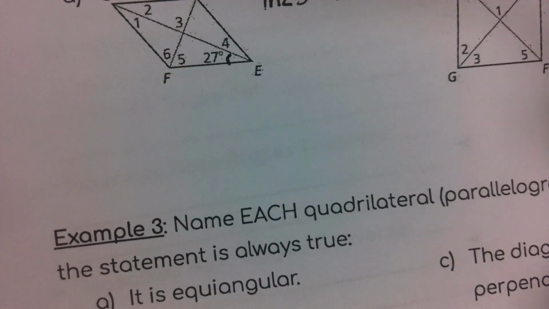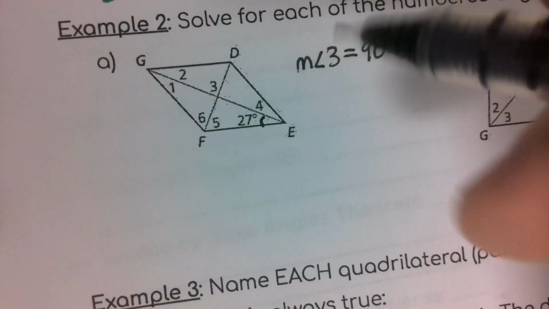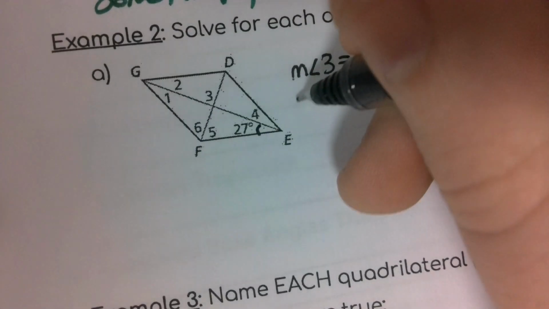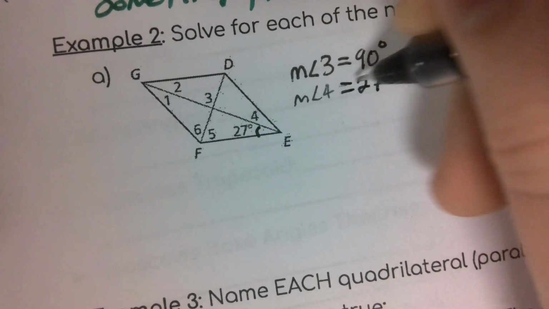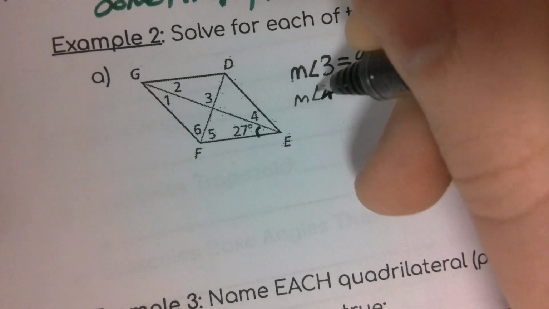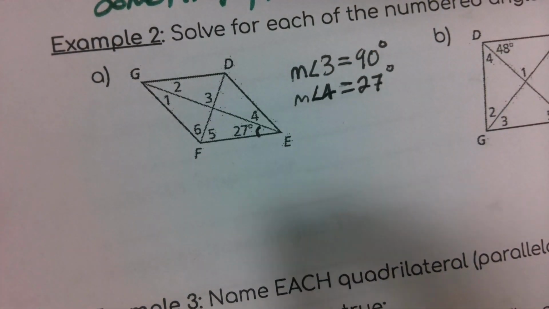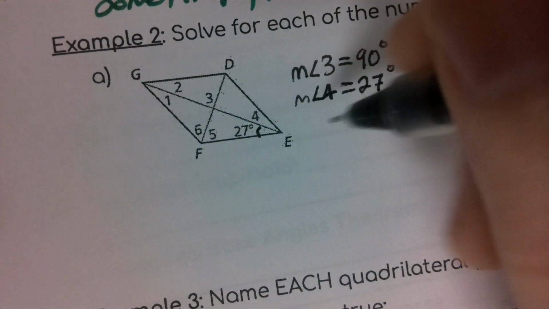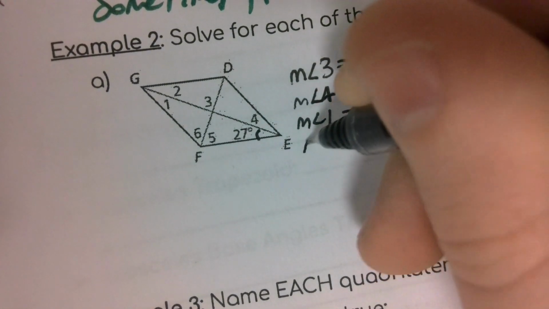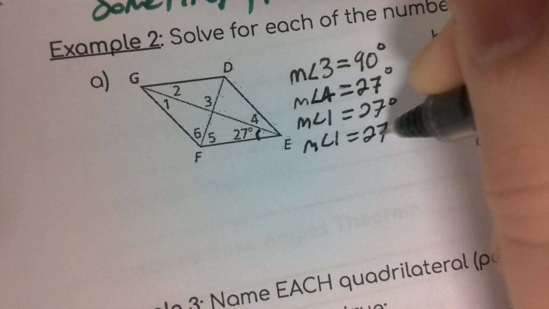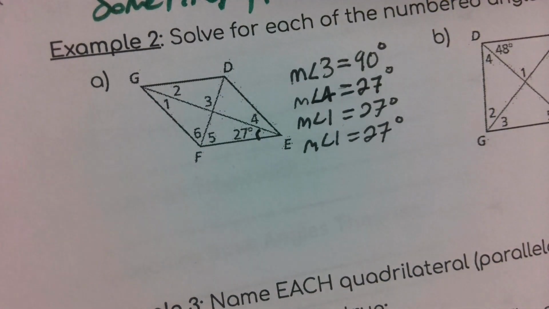So, that means that if this side's 27, angle 4 is also 27. And since the angles are the same on both sides of a rhombus, that means angles 1 and 2 are also 27. So we've got some good stuff here.